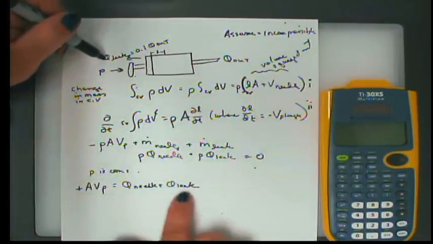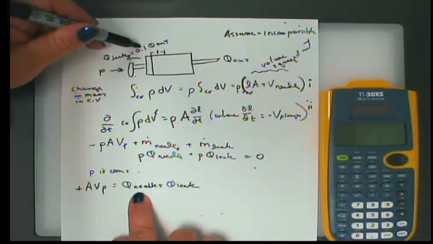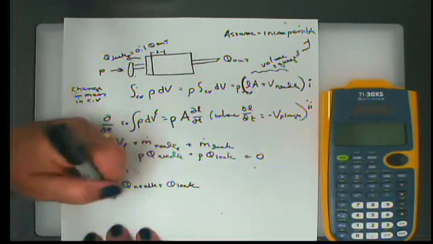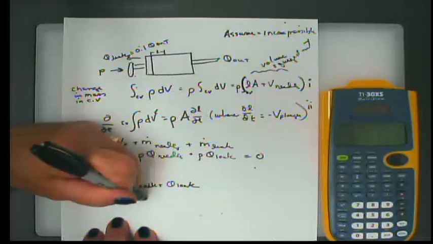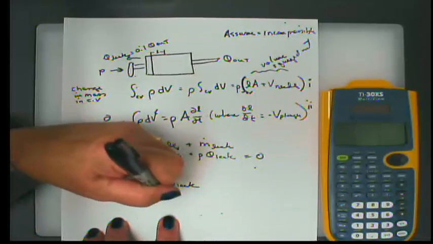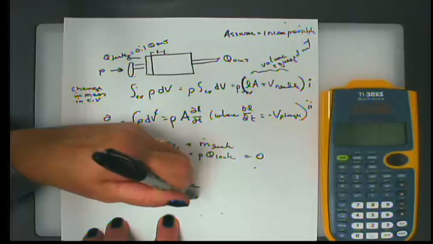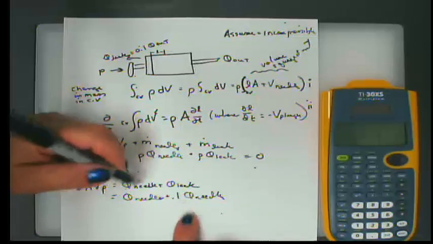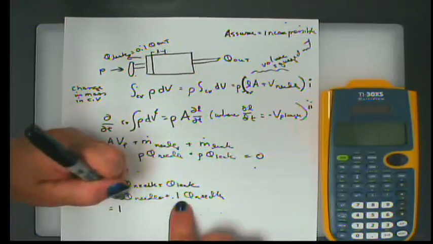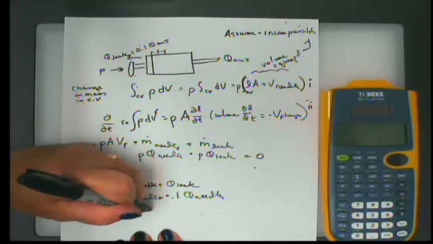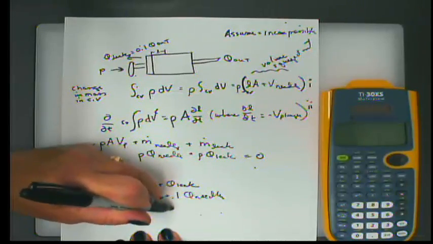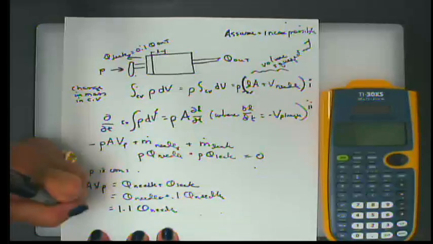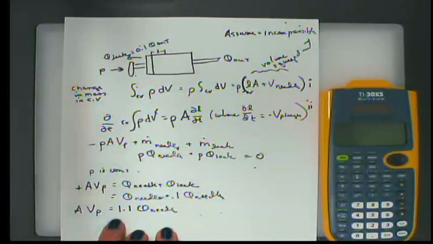And we're told that Q leak is 1/10 or 0.1 times this. So you can say Q needle plus 0.1 Q needle. And algebraically, we can see that that's just 1.1 times the Q of the needle. Right, so we get the area times the V of the plunger is equal to that.